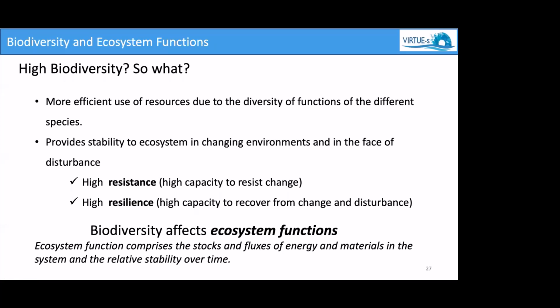What are ecosystem functions? Ecosystem function comprises all the stocks and fluxes of energy and materials in the system. So energy and materials are the resources in the system, and it therefore affects the relative stability over time. So how does biodiversity do this? Everybody's talking about biodiversity. It provides stability, high resistance and resilience, but how? What are the mechanisms? How does it do this?